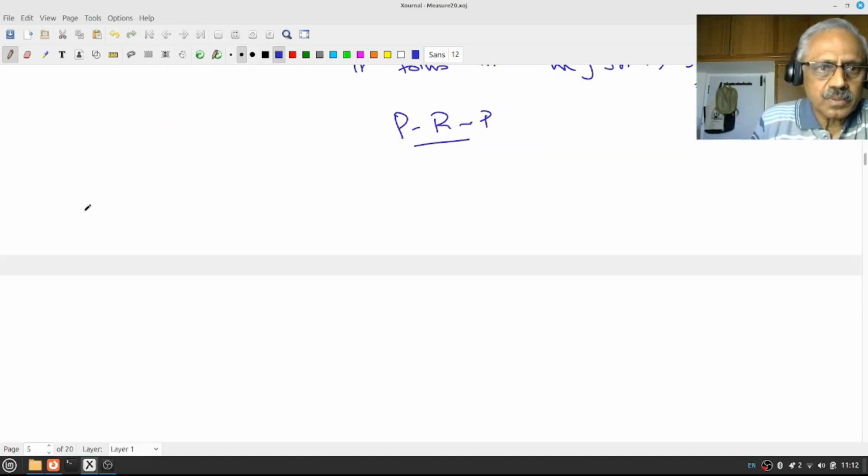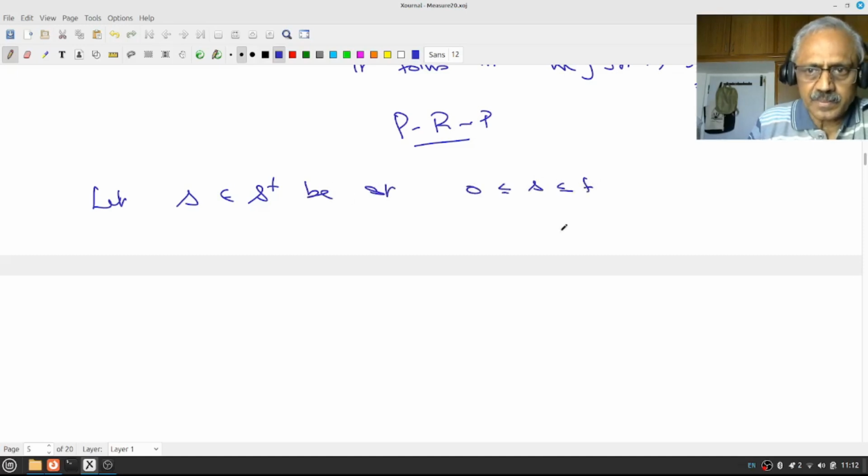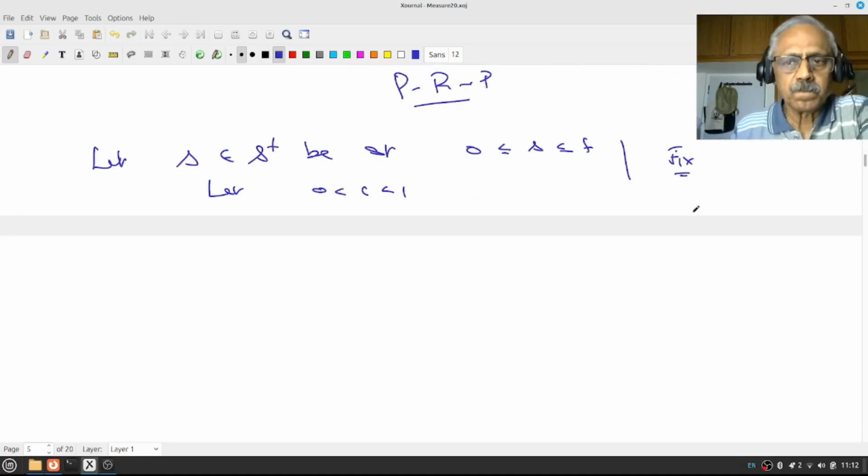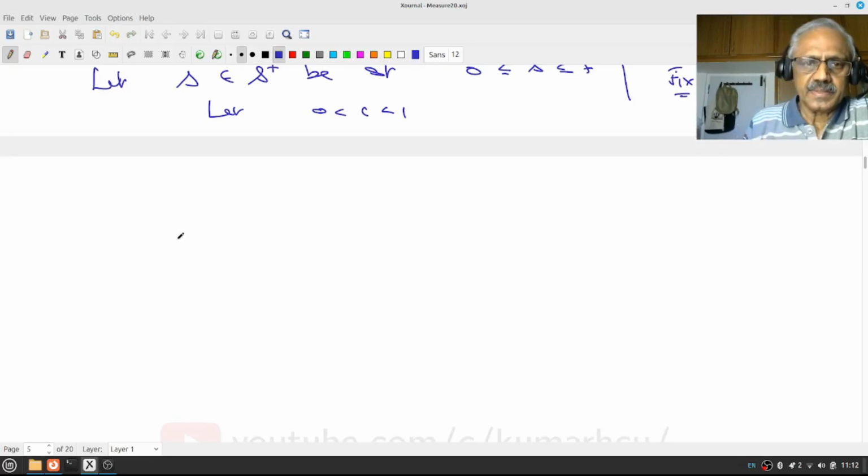So let s be in S plus, such that 0 less than or equal to s less than or equal to f. Let 0 less than c less than 1 be fixed. Now once it is done, I want to define an increasing set.